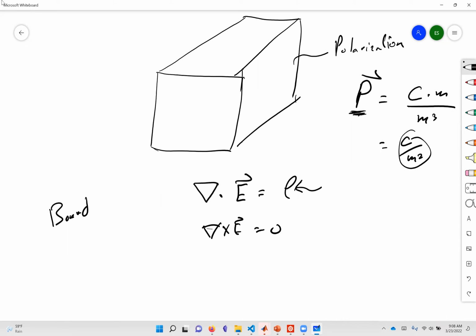And here, this polarization we're talking about is the polarization of the bound charges in the material. So we differentiated between two kinds of charges that could exist in space, free and bound charges.